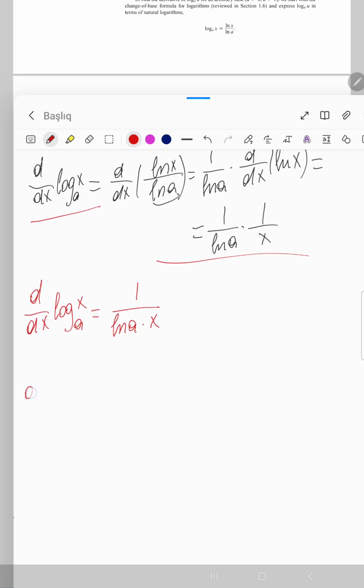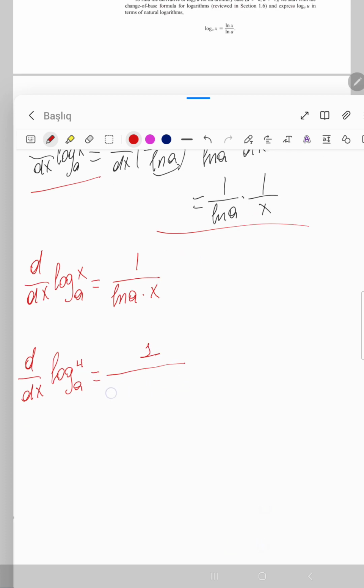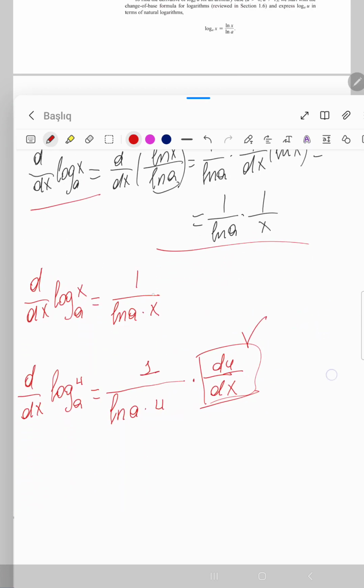Again, let's say you have not x but, let's say, a function u in here. You have to write 1 over ln a times u times du over dx, the derivative of that function. Never forget this part, please. Because why don't we write here the derivative of x?